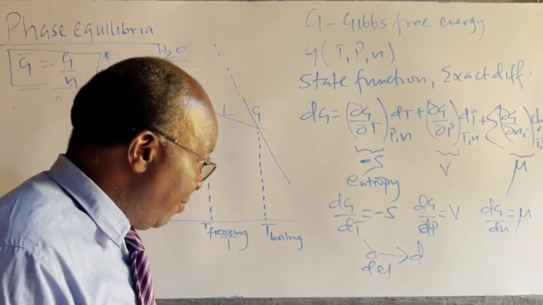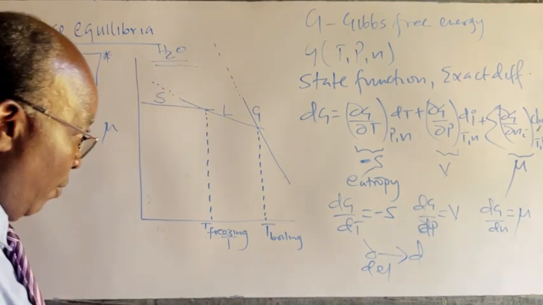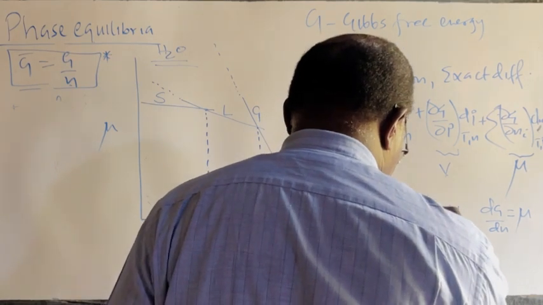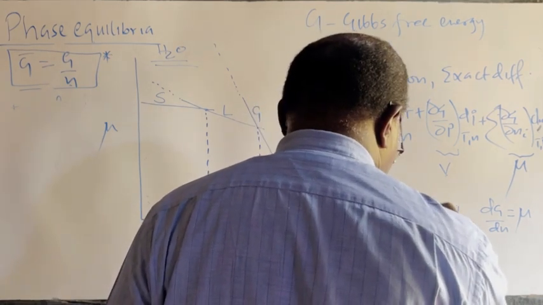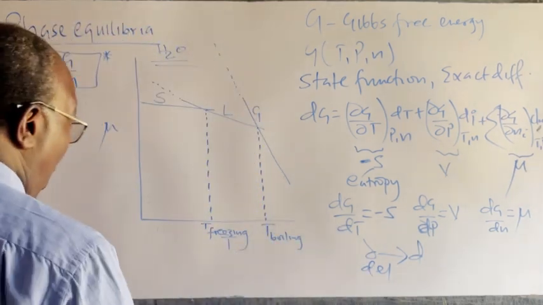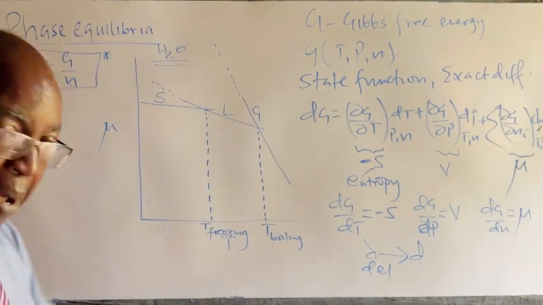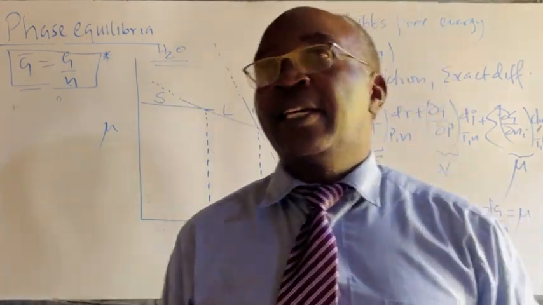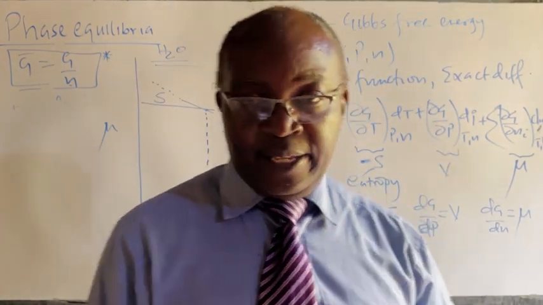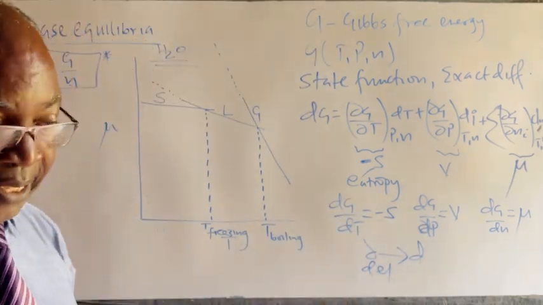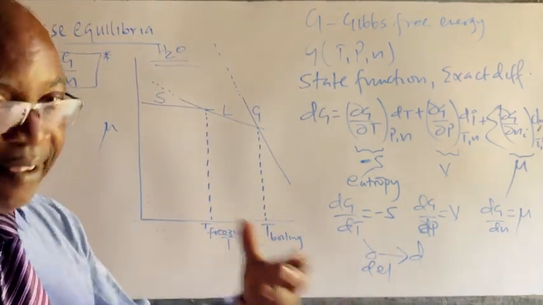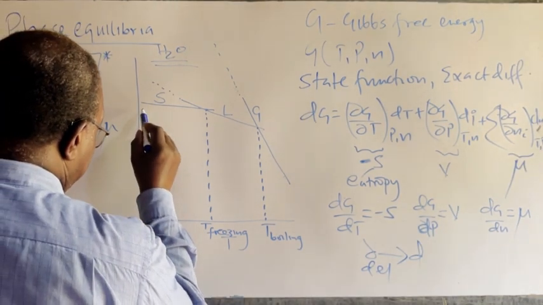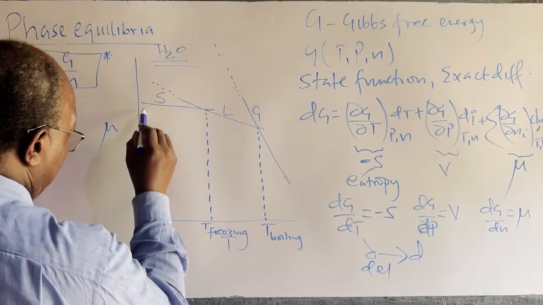Now, we have already said that if we change the chemical potential by lowering the pressure, remember in the elements of science and engineering, we know that when you lower the pressure, it affects the boiling and it affects the freezing points. So if we lower the pressure here, let us lower the pressure of the solid.